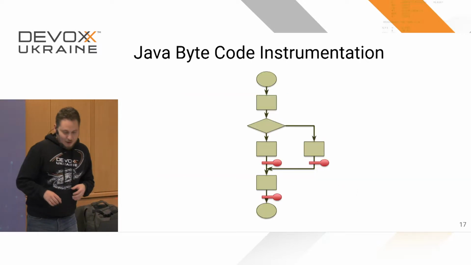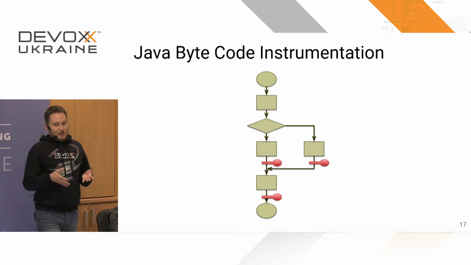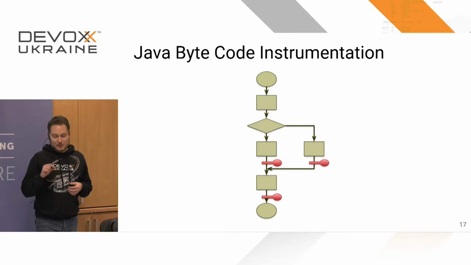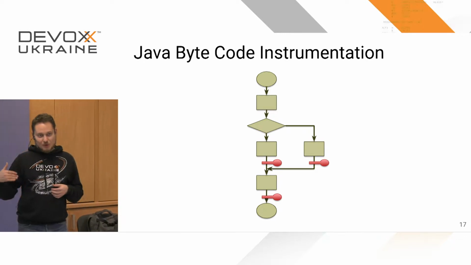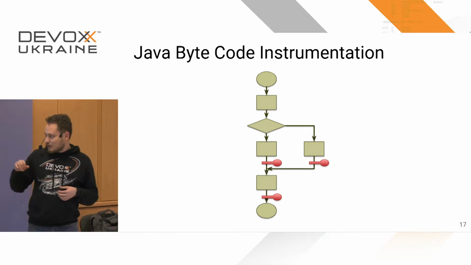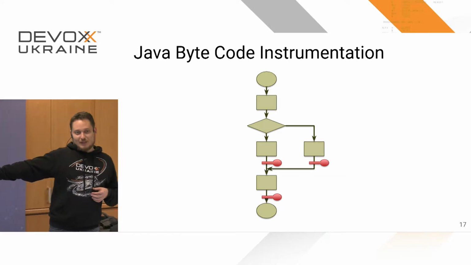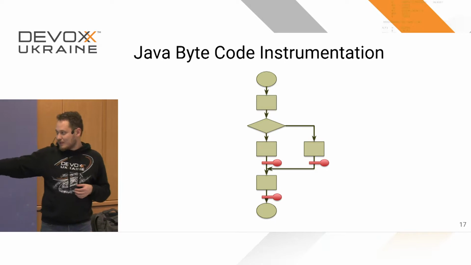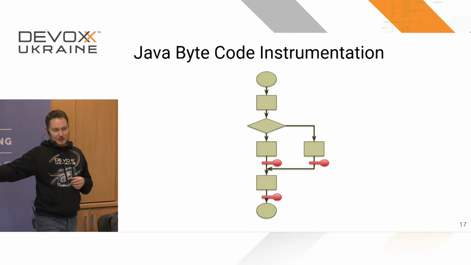So what this instrumentation is: your program is some control flow graph. If we know that certain points of this control flow graph were reached, we can easily infer that the points before those were also reached. In this example, if we know that the last red point was reached, so we came to the end of the method, it means that the block just before, which is, let's say, one instruction, was also executed.